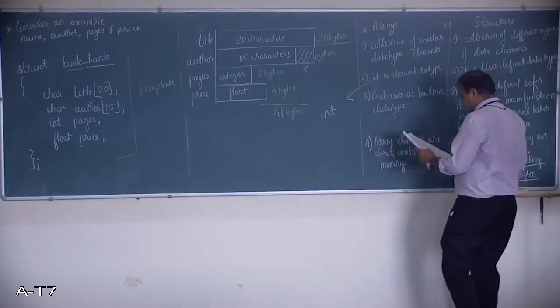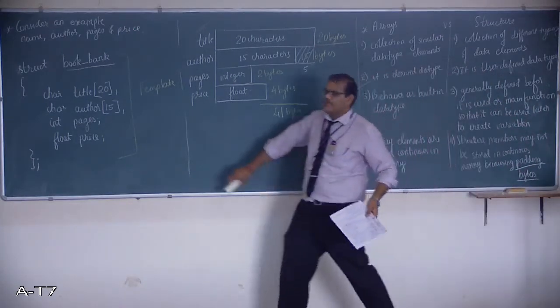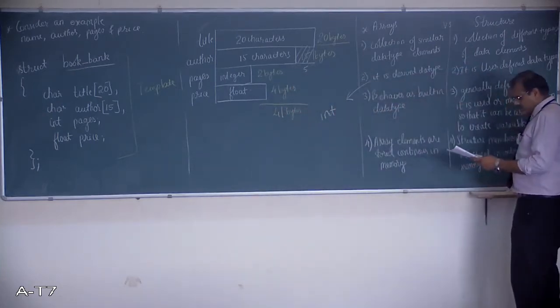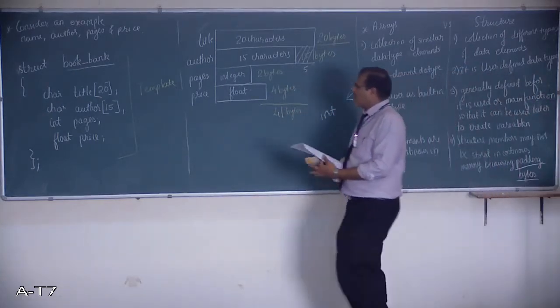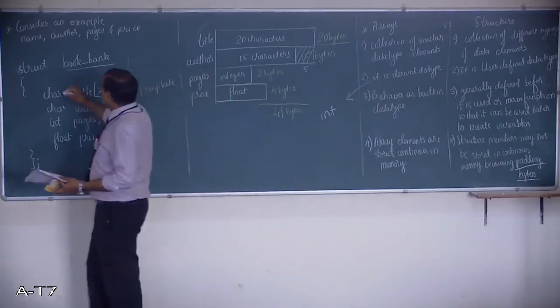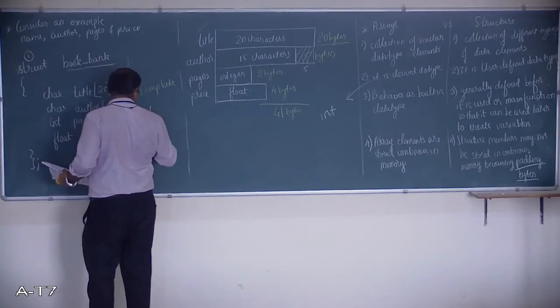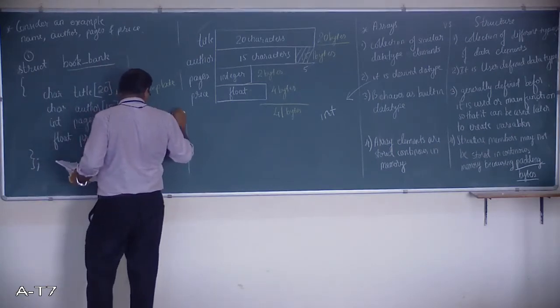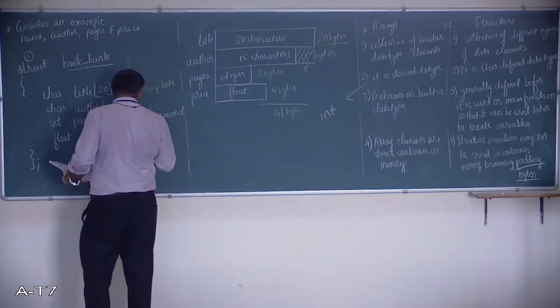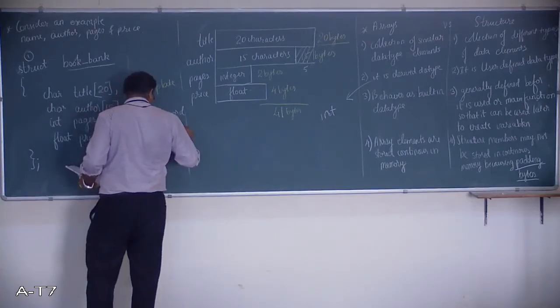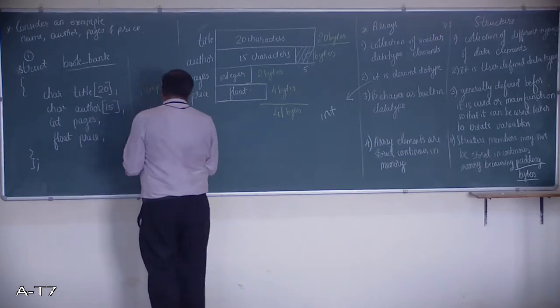Okay, so I'll just keep this example as it is and we'll go ahead. So basically there are 3 things we have to keep in mind. The first one is a keyword. Second is a tag name.